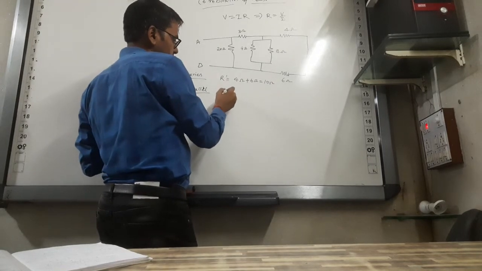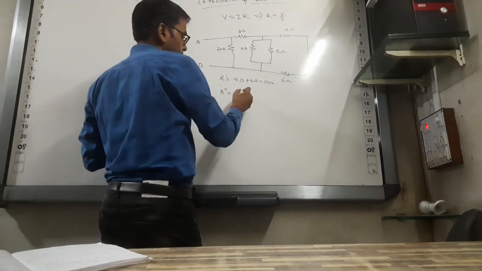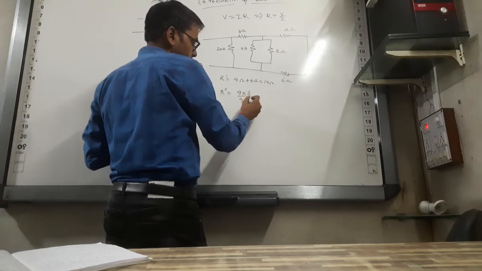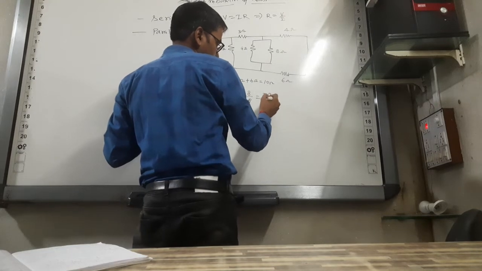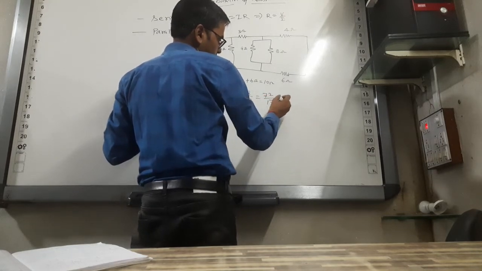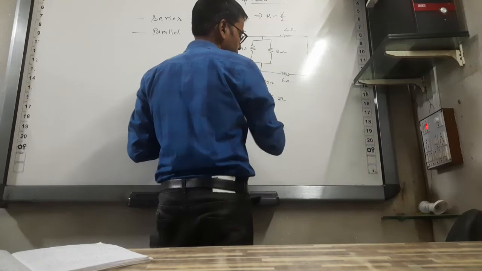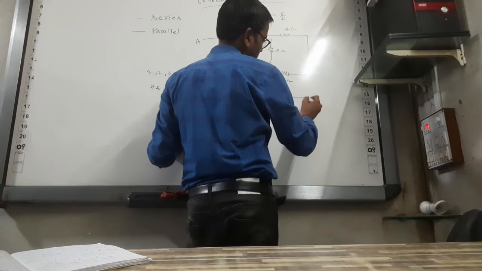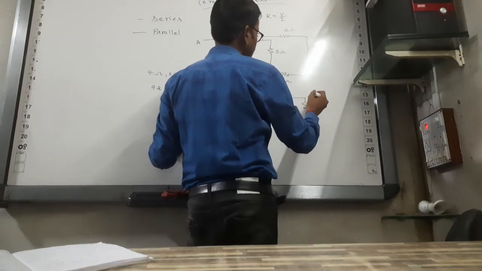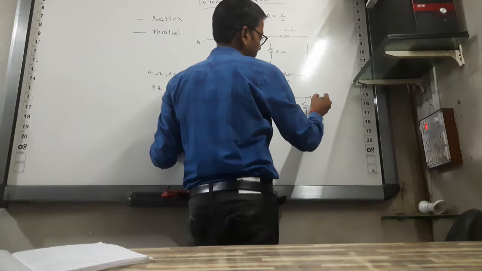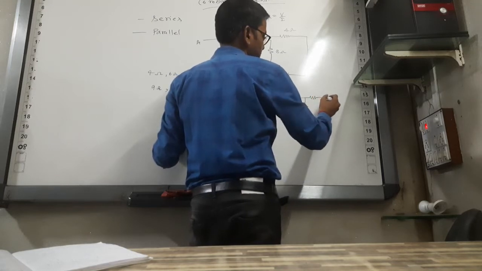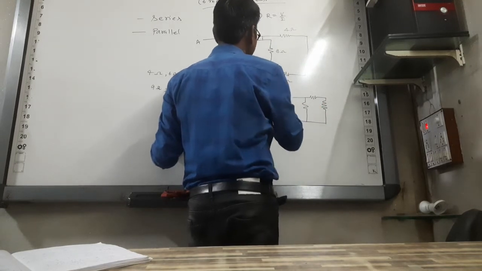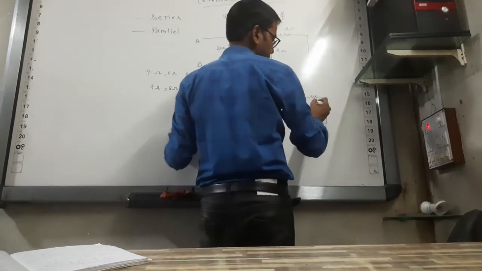Then the equivalent resistance R double dash equals 9 into 8 upon 9 plus 8, which is 72 upon 17. This becomes your equivalent resistance. Then the circuit reduces.